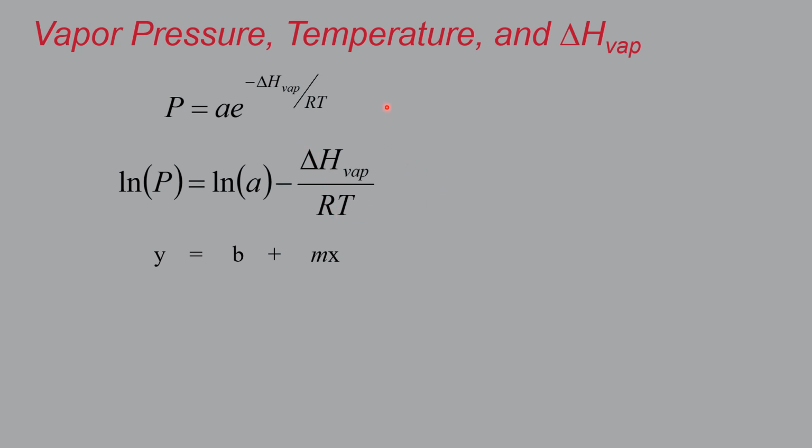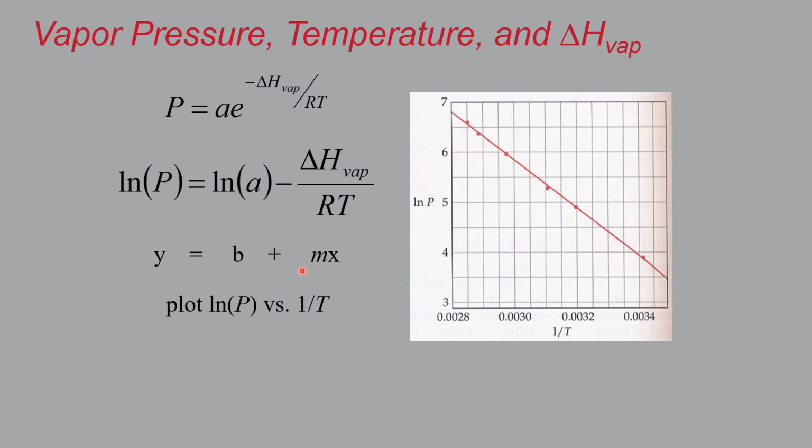So let me show you what that looks like when you plot that. To get this linear plot, you do the natural log of the pressure on the y-axis and 1 over the absolute temperature on the x-axis. Remember, it's always y versus x. And if you do it that way, you get something like this.